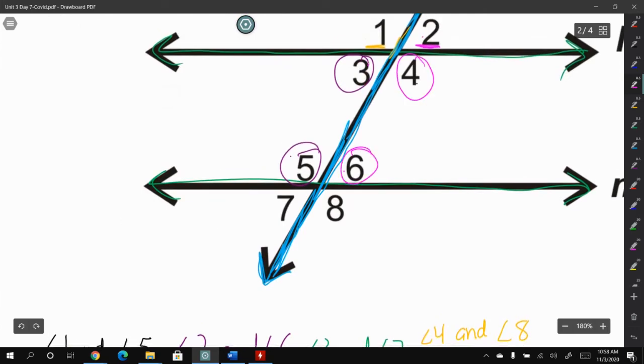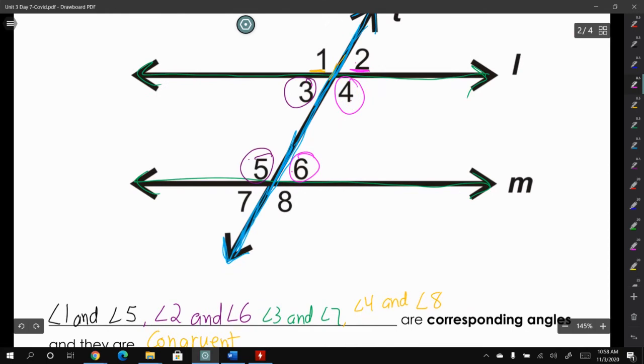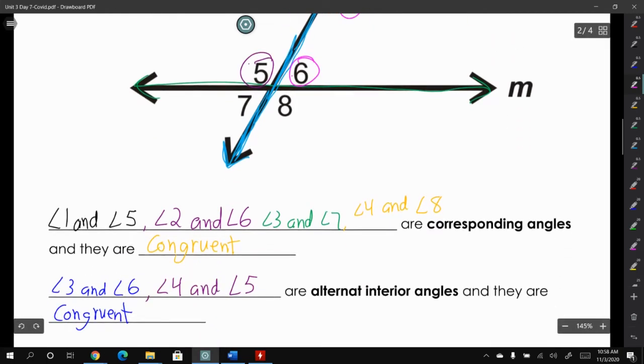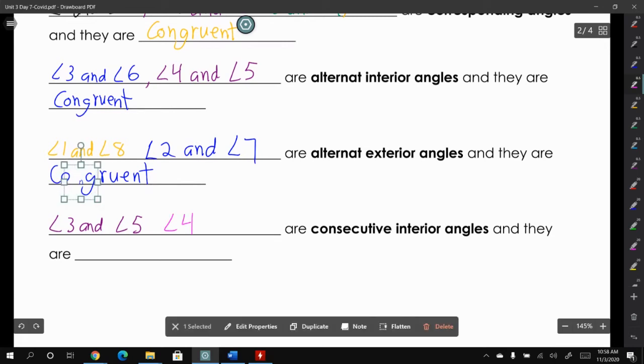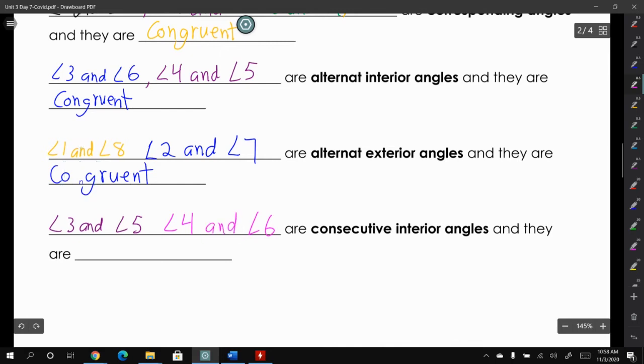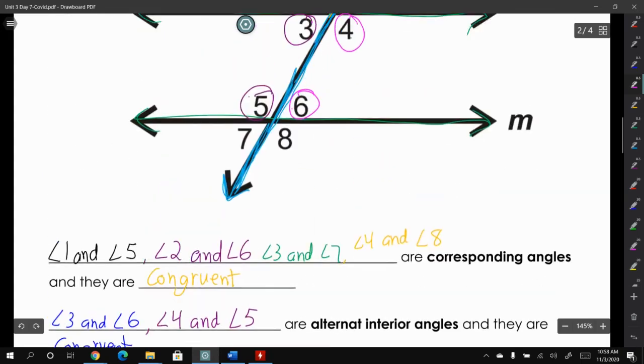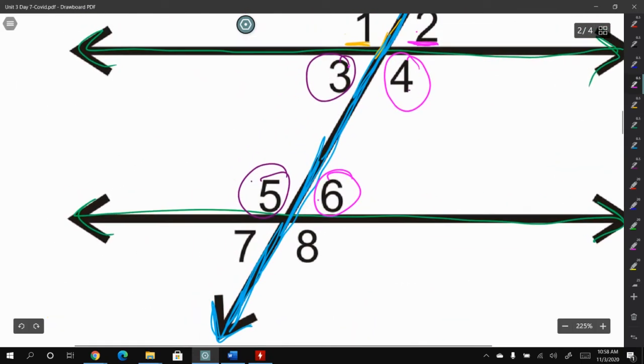Those are on the same side of the transversal, and they're on the interior of those angles. So angles 4 and 6. Now these angles are not congruent to each other, not necessarily. So what's special about these angles is that they will add up to 180.